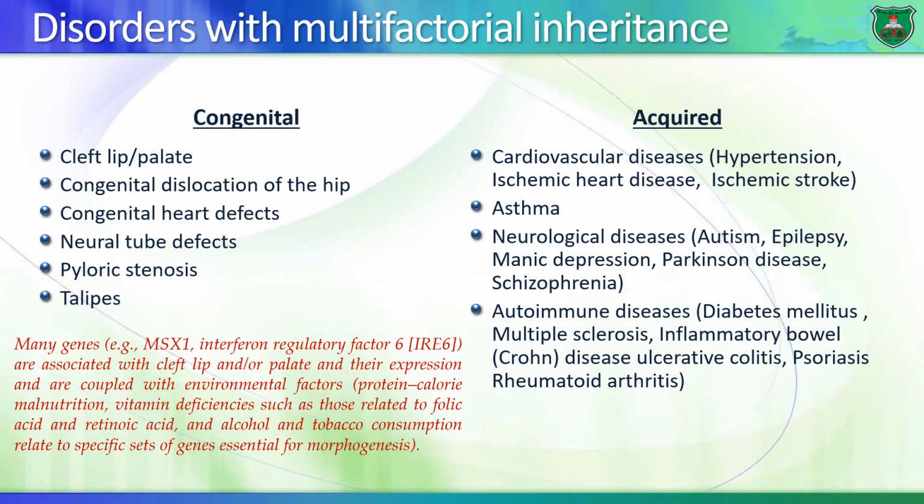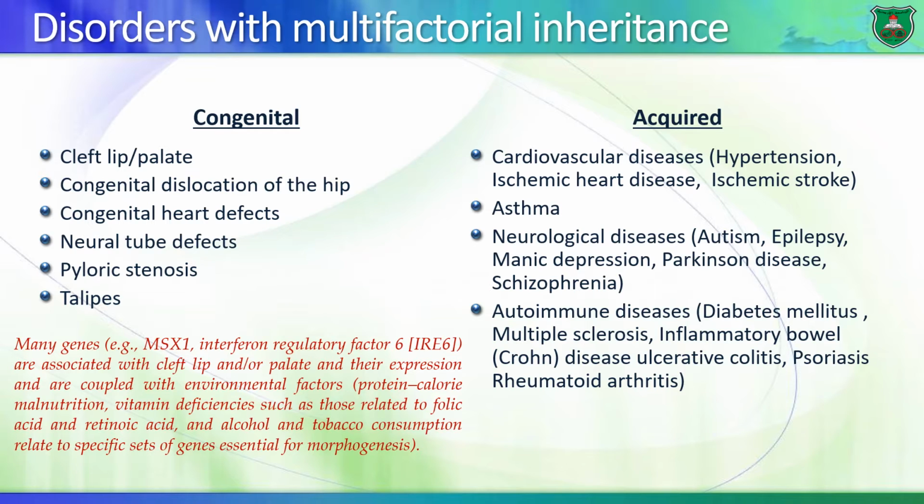Sometimes these disorders involve multiple genes as well as environmental factors, as you can read here, for example, cleft lip and palate are associated with dysregulation of gene expression of multiple genes, as well as environmental factors such as vitamin deficiency.